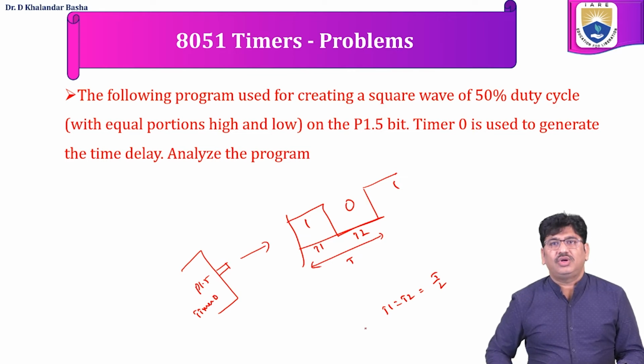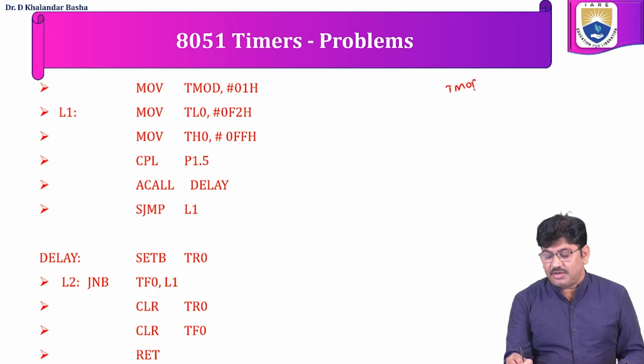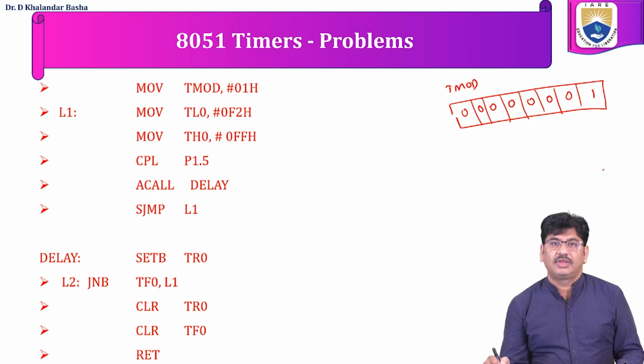Now we are going to analyze the program. By that we can see what the frequency of the generated square wave is. Next, MOV TMOD, #01H. So the TMOD register is written with 01H, that means 00000001.